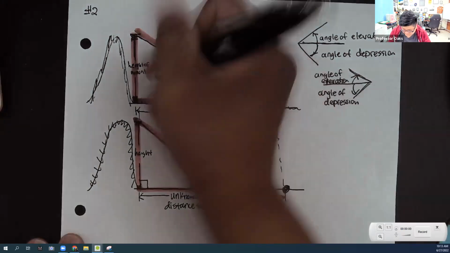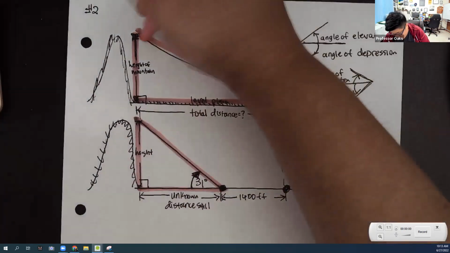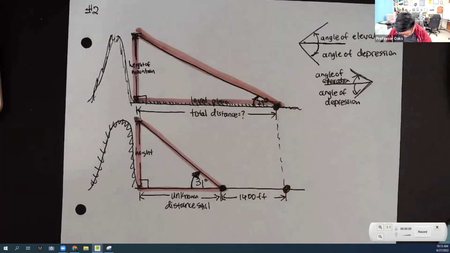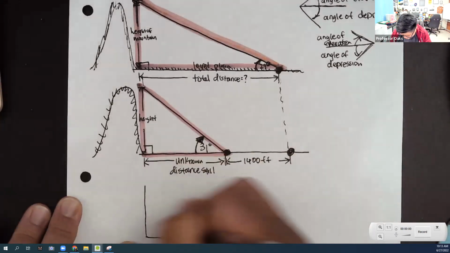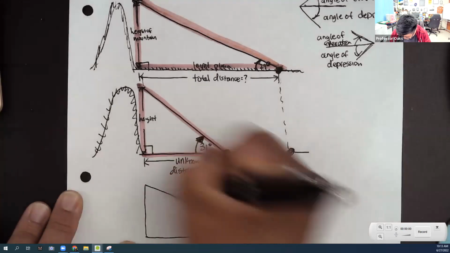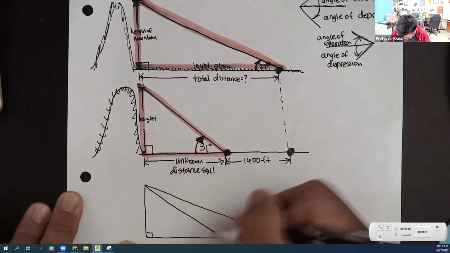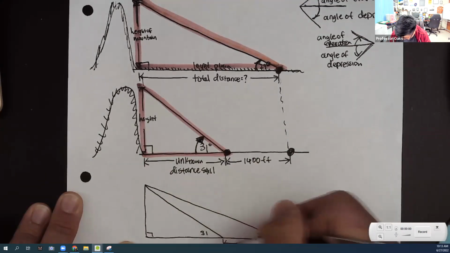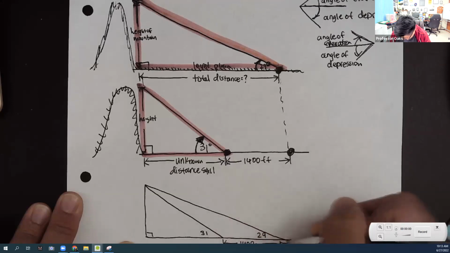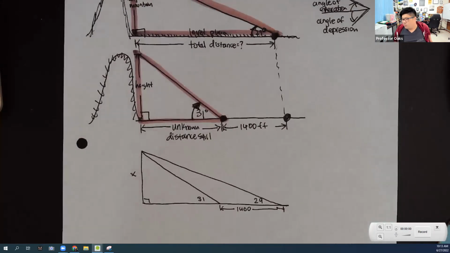But usually you'll see them drawn on top of each other, like this, with 31, 29, and 1,400, and X over here, all in one diagram.